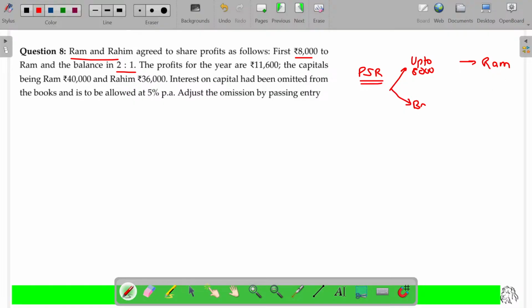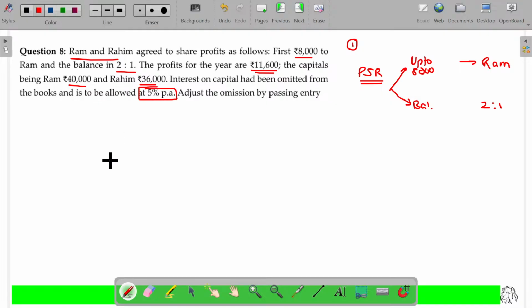Balance, if any, will be shared between Ram and Rahim in the ratio of 2:1. One piece of information is available: profits for the year being 11,600. The capitals being Ram 40,000, Rahim 36,000. Interest on capital had been omitted from the books and is to be allowed at the rate of 5% per annum.